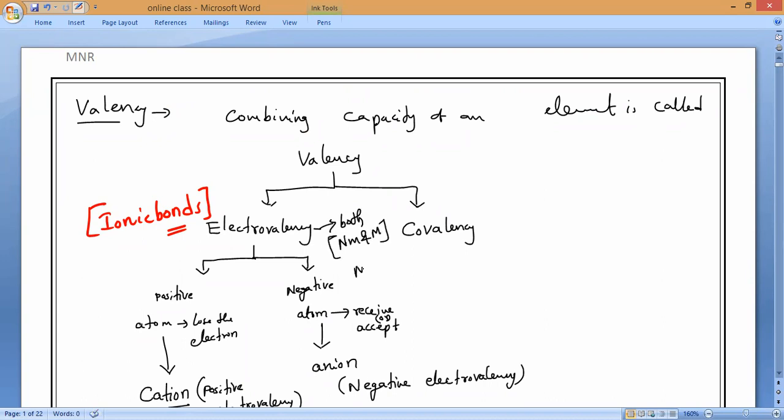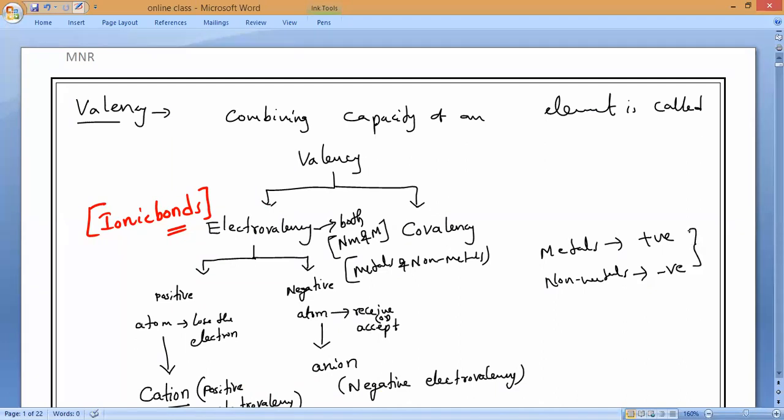Keep it in mind, metals will show positive electrovalency, and non-metals will show negative electrovalency. That is what you have to remember.